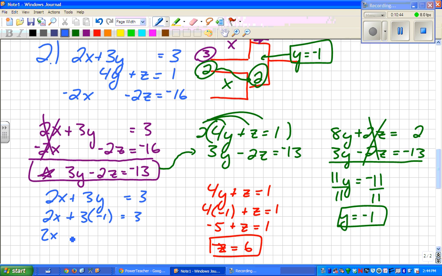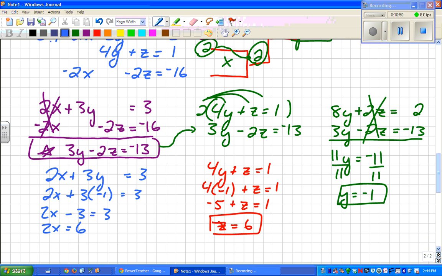So 2x minus 3 equals 3. 2x equals 6. So x equals 3. And then last but not least, let's just write it as an ordered pair. So again, x, y, z. So 3, negative 1, 6 is your answer.